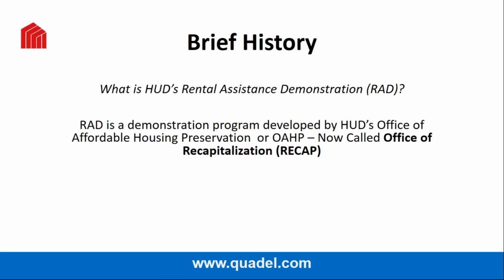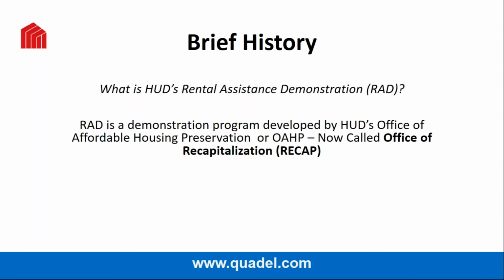Within the transaction division, there are four branches. Two branches are assigned to deal specifically with RAD 1, Component 1 transactions for PHAs, and one is assigned to deal with RAD 2 transactions, and lastly, the last branch deals with HUD's mark-to-market program.